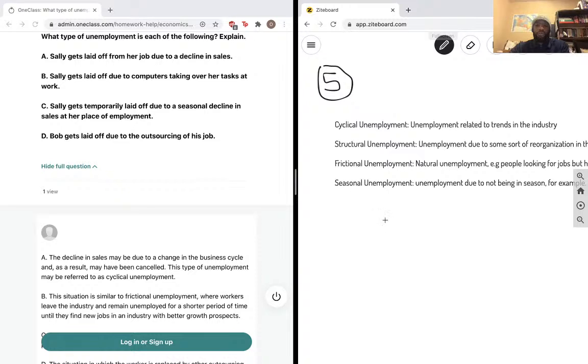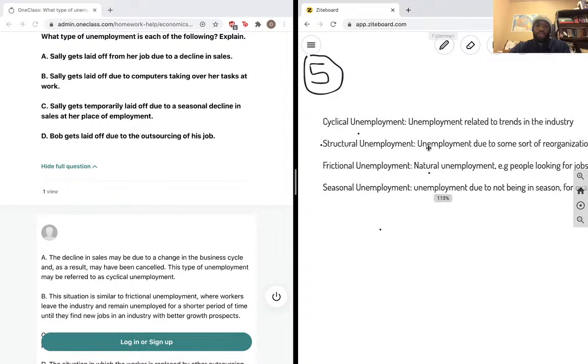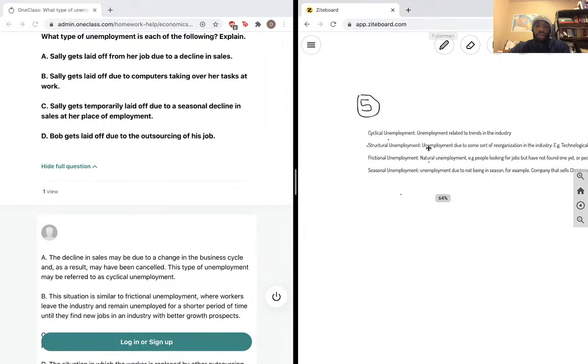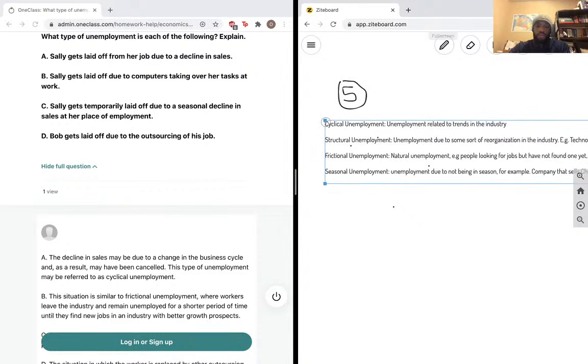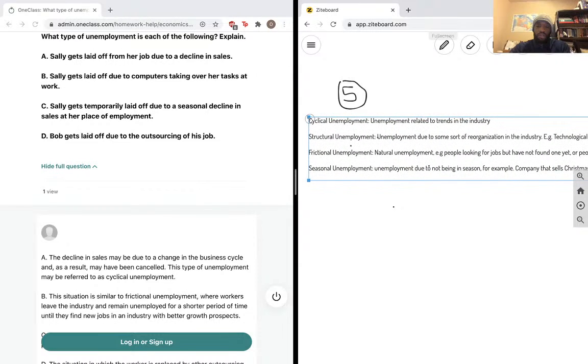So I actually would disagree with that and say this is structural unemployment. Let's just see if we can move this so we could see it. So structural unemployment is unemployment due to some sort of reorganization in the industry.